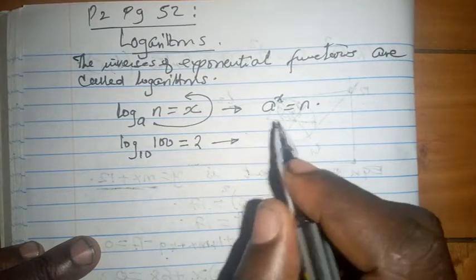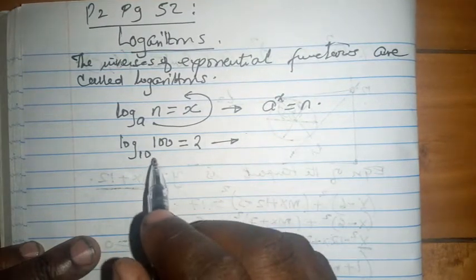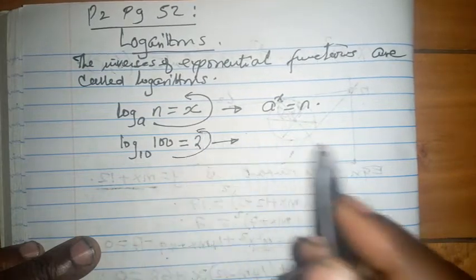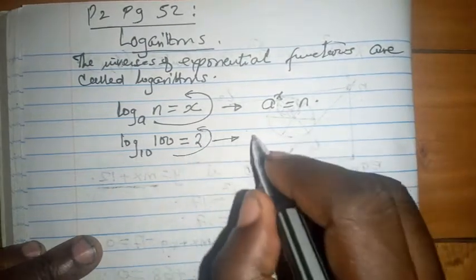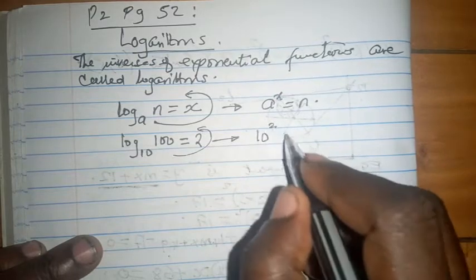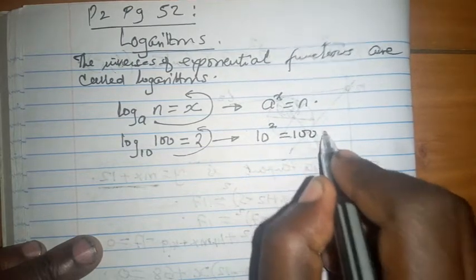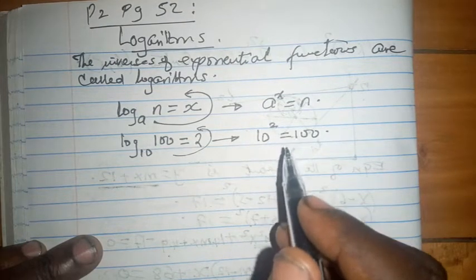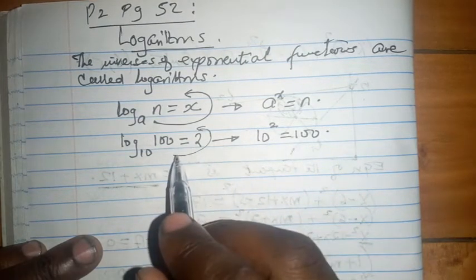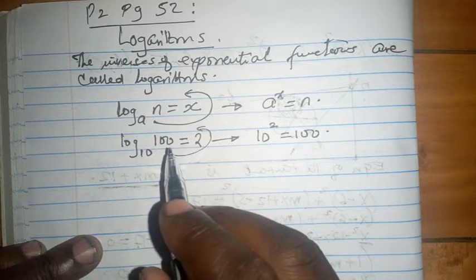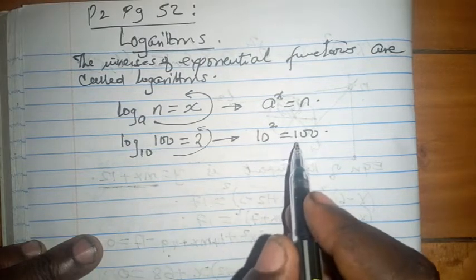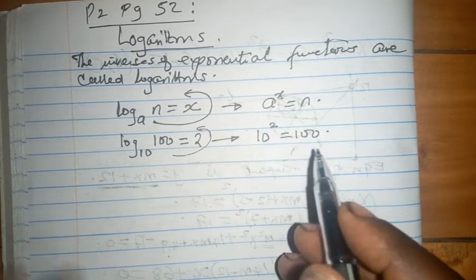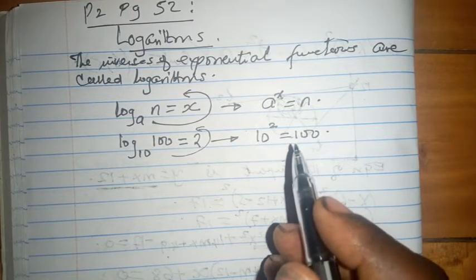If you would want to confirm this using the index notation, you would again employ the anti-clockwise movement and say 10 raised to power 2 is equals to 100. And these two statements are true. So this is logarithmic notation and this is index notation, where both of them are true. And that is just what I would want everybody to remember.